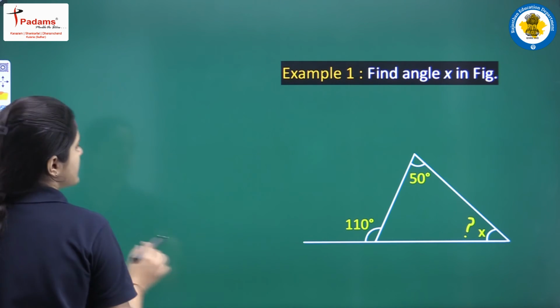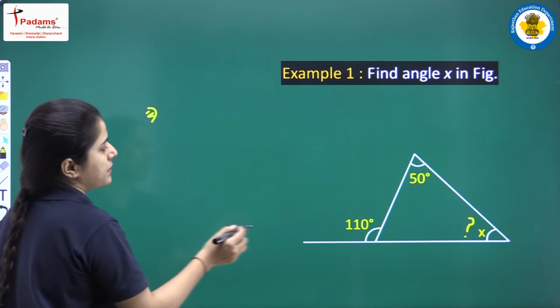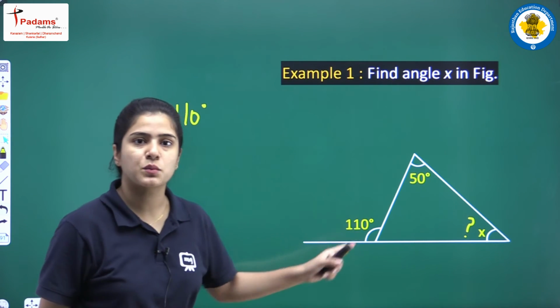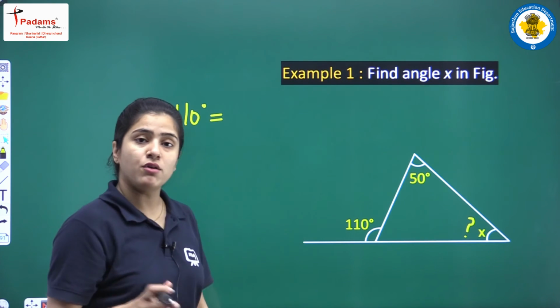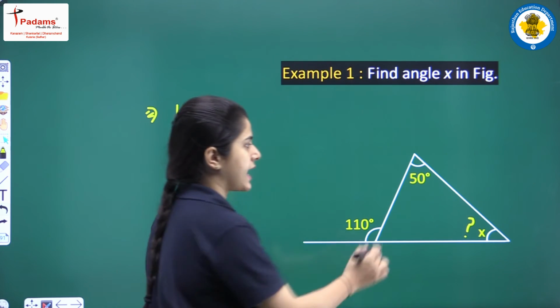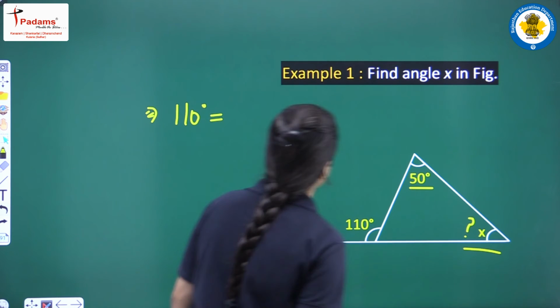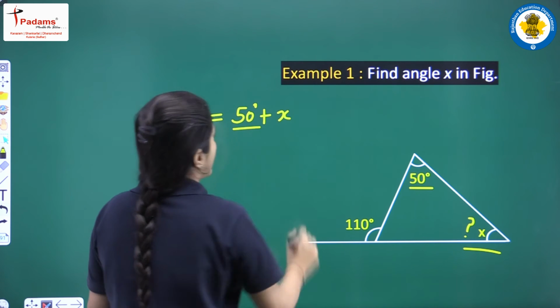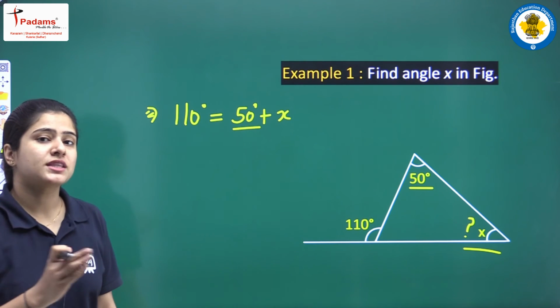Okay, students. So by exterior angle property, we mean that this exterior angle, that is 110 degree, is equal to the sum of two opposite interior angles, that is angle 50 and angle x. Okay, students, 50 degree plus x. Now this 50 degree is in addition with x, right?